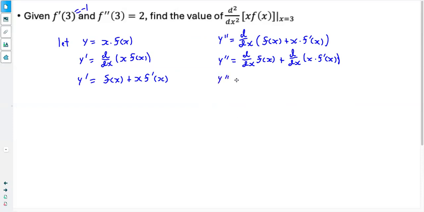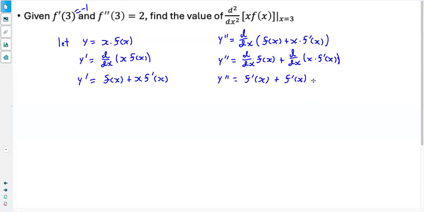So we had y double prime equals our derivative of f of x, which is f prime of x, plus our derivative of this. So this would be plus f prime of x, because when we take the product rule, it's the derivative of this, which would be 1 times this, so plus f prime of x.